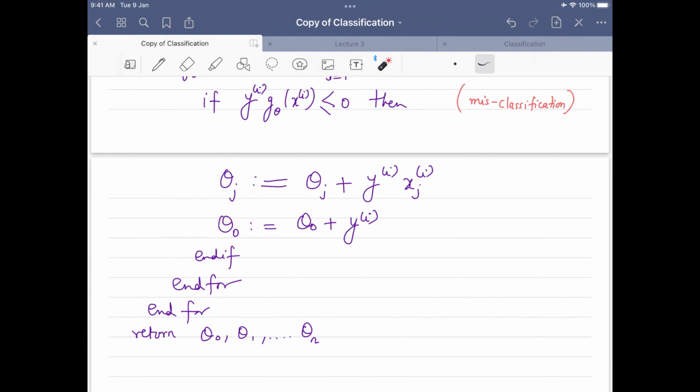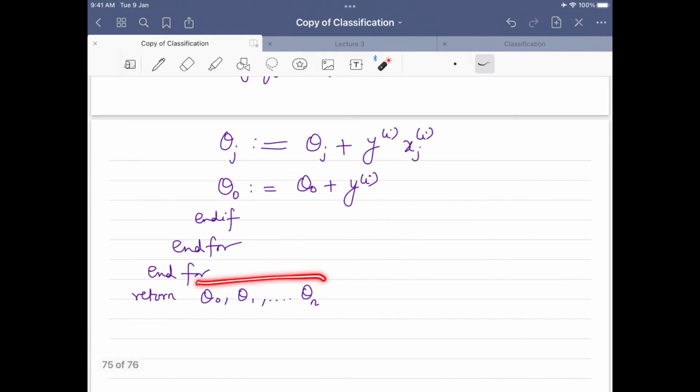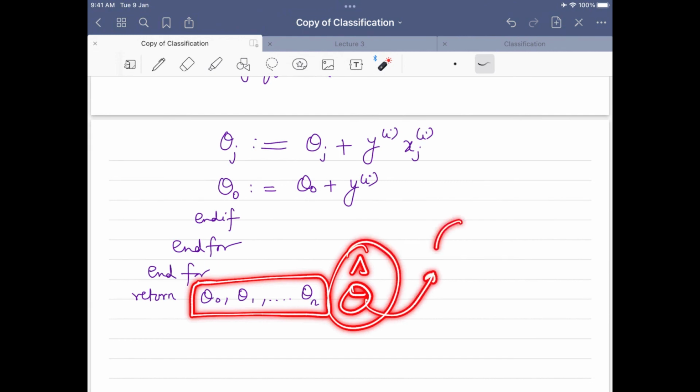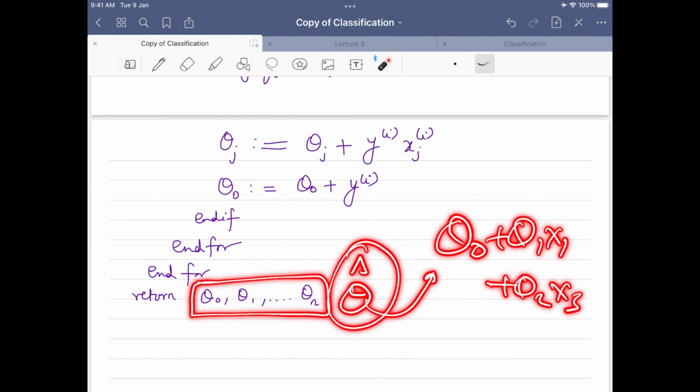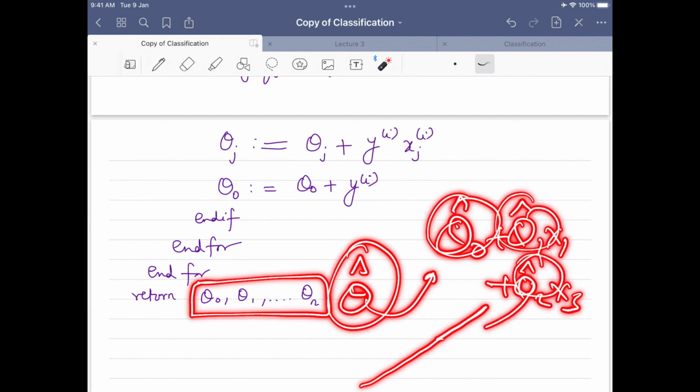So once you do all this for all the misclassified points, because you have to do it for all the misclassified points, your theta j and theta 0 will come out to be some value. Once it is done, those values are the estimated values of your theta, which you can plug into the hypothesis function to get the correct hypothesis, or maybe the machine generated decision boundary, because these theta hats will all be coming out from this algorithm.